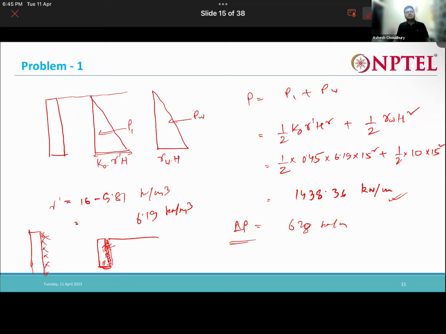Generally we provide geotextile for filter, and one layer of geonet for drainage, so that water does not get stuck and gets drained out. If water is present and gets stuck there, it creates a tremendous amount of lateral pressure.